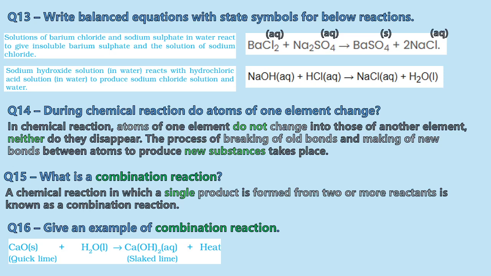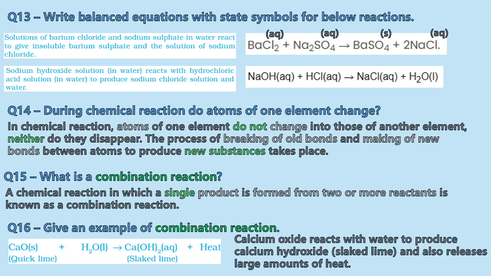Okay, so the calcium oxide plus water is giving you calcium hydroxide, and two reactants, one is calcium oxide, one is water, together are combining and giving you another product. This is an example of combining stuff, that is combination reaction.